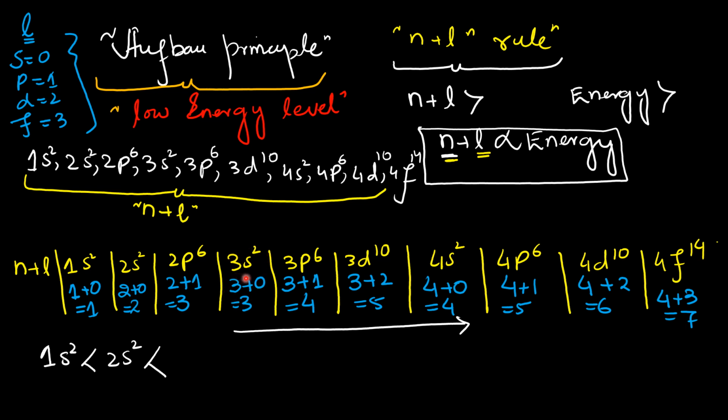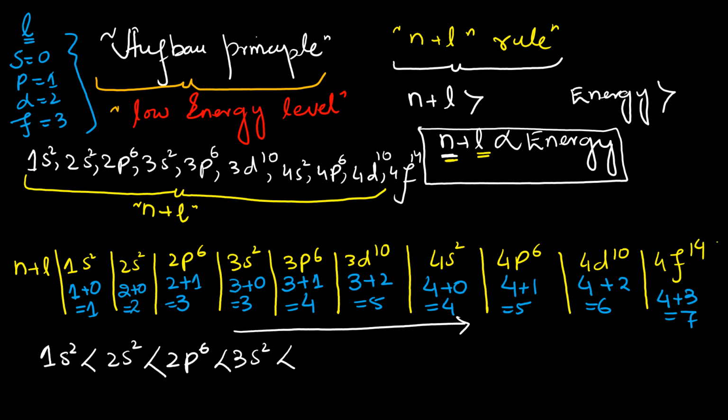But according to the rule, an orbital or subshell having a higher value of principal quantum number will have higher energy. This means that 3s2 has higher energy than 2p6. So we can write that 2p6 has lesser energy than 3s2.